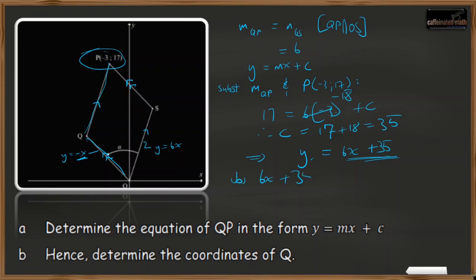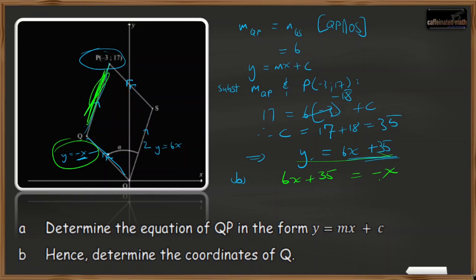It's getting a bit crowded in this space over here. So I'm going to say 6x plus 35 is equal to negative x, just using this equation and the one we determined here, which is valid for that line.